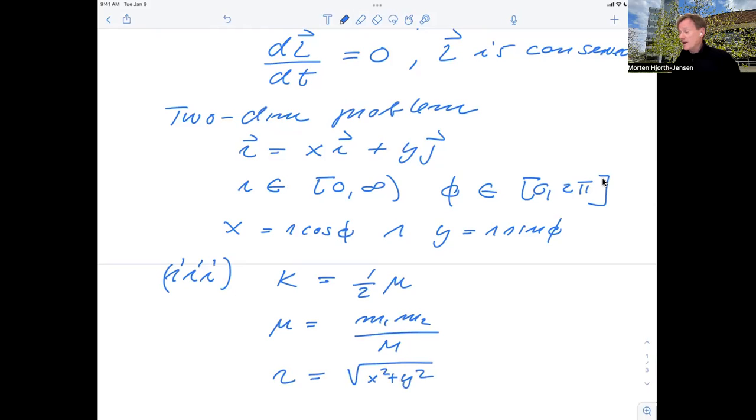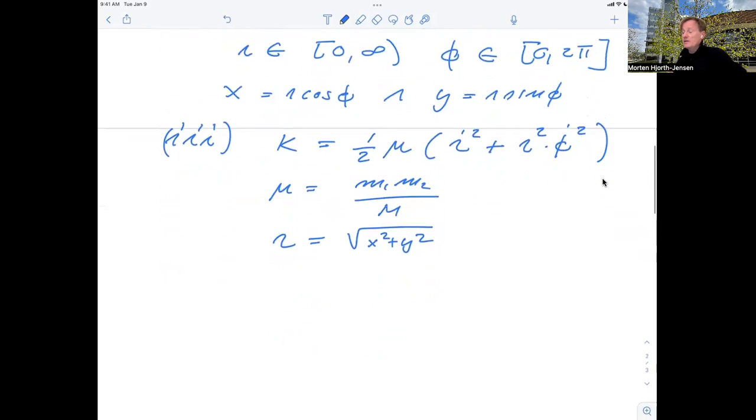So this is actually the magnitude of the position of a given system in terms of relative coordinates only. So we would then have the time derivative of r squared plus r squared multiplied with the time derivative of phi squared. So this is the way the kinetic energy looks when we make a transformation to polar coordinates.